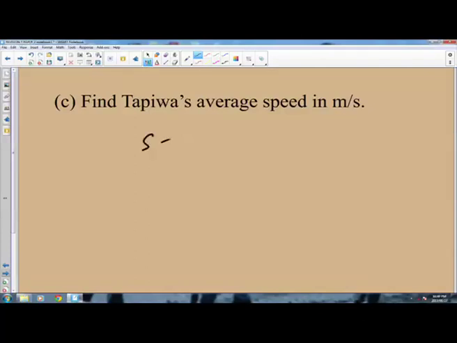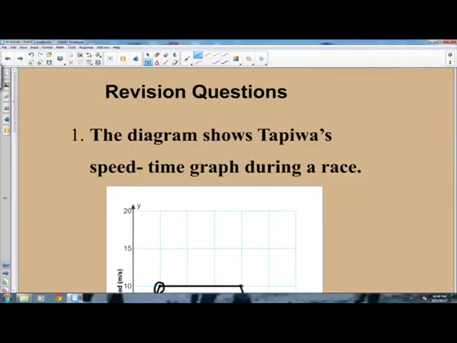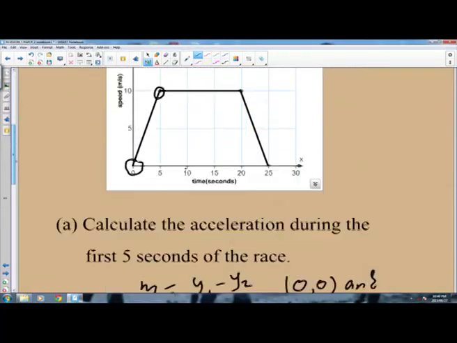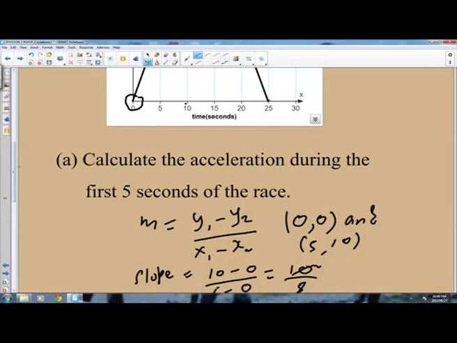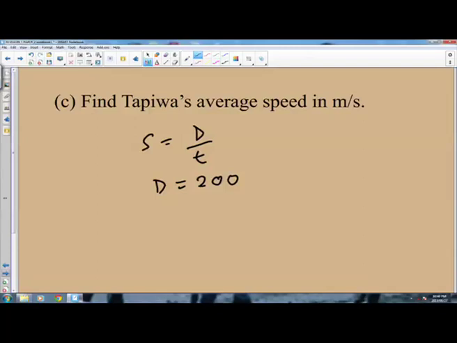Speed is equal to distance over time. And then what is our distance? D is 200. This is the total distance traveled. And then the time. What is the time taken? We need to check the time taken. It's 25 seconds. So this will be 200 meters over 25 seconds.